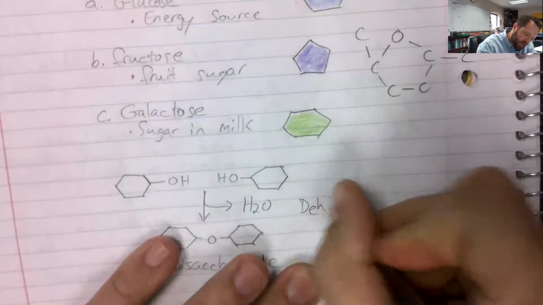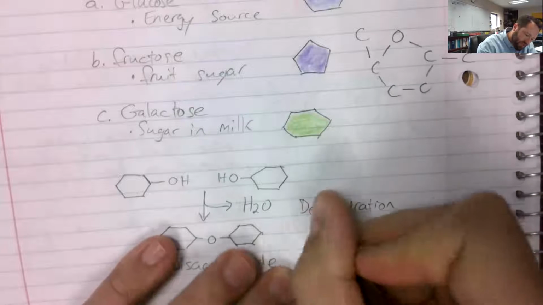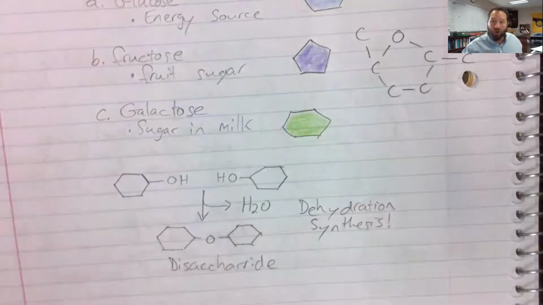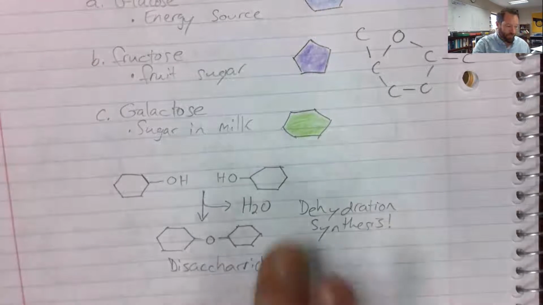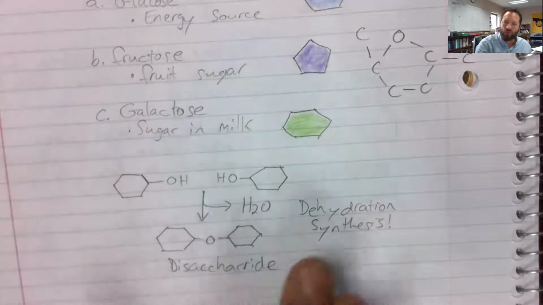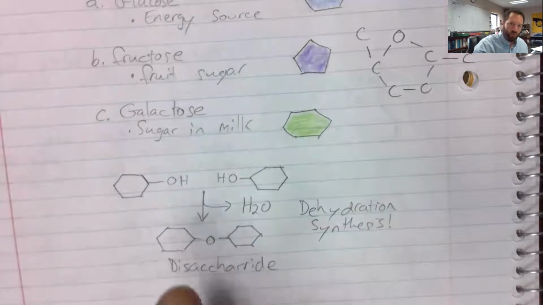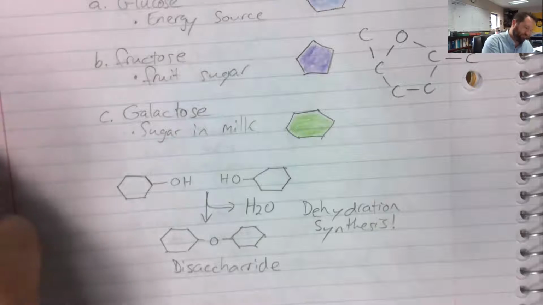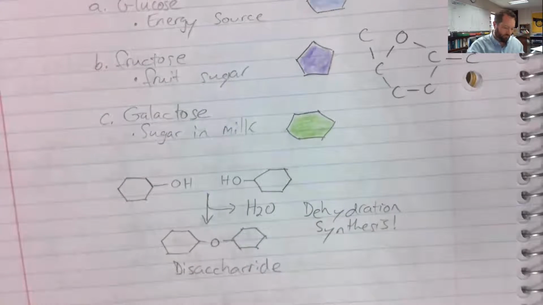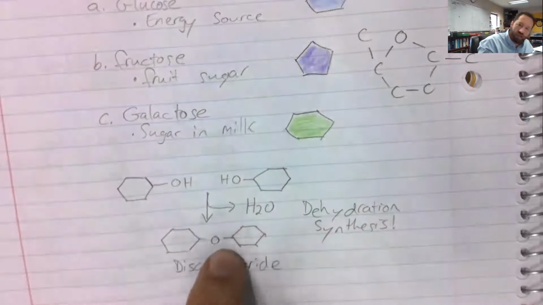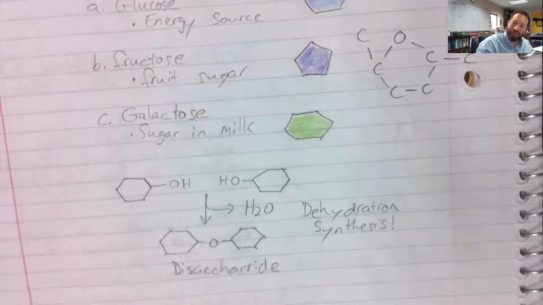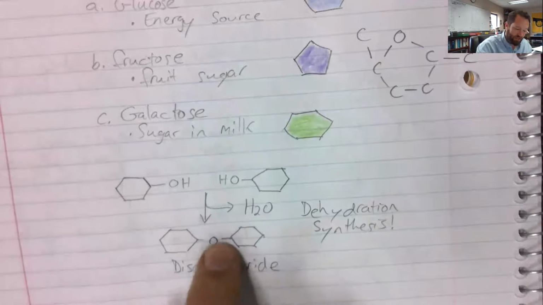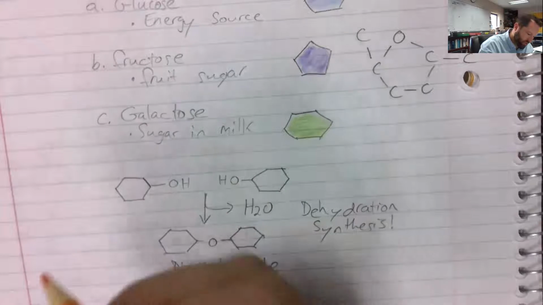It is a dehydration synthesis. All of our macromolecules are linked together through what's called a dehydration synthesis, which has water coming out. Just like the bond between amino acids in proteins has a special name, a peptide bond, this bond here also has a special name.